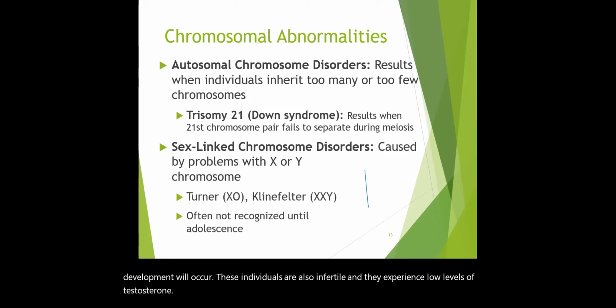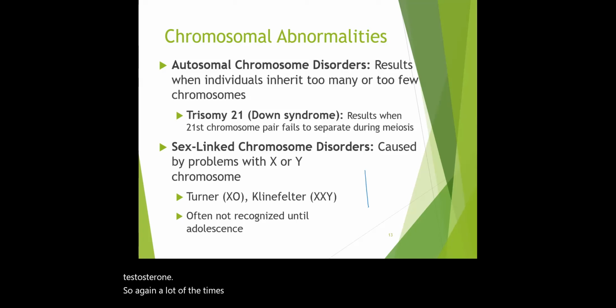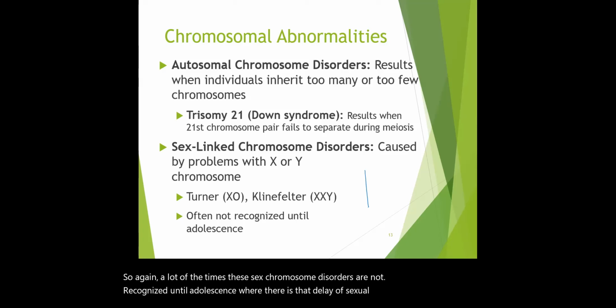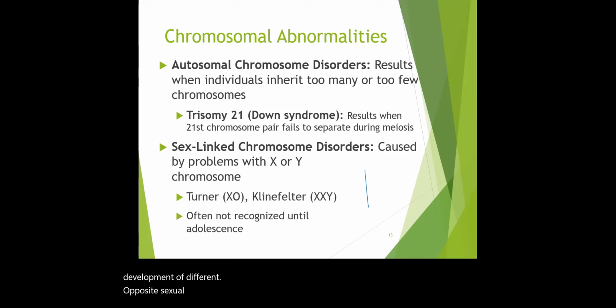So again, a lot of the times these sex chromosome disorders are not recognized until adolescence, where there is that delay of sexual maturation or the development of different, opposite sexual characteristics start to develop.